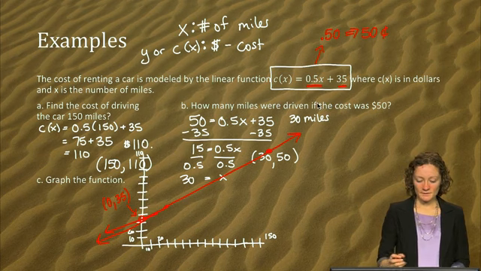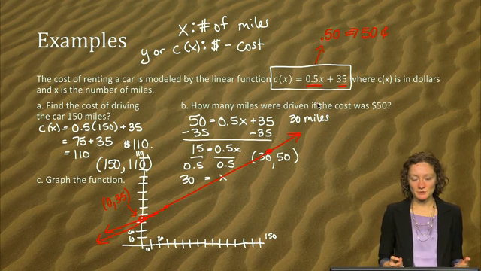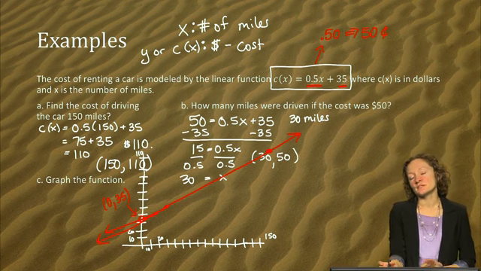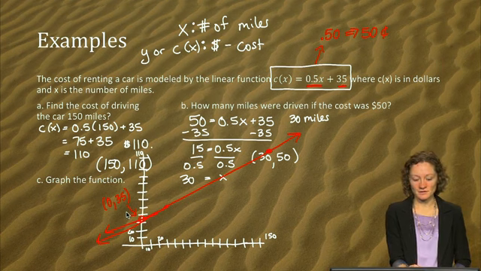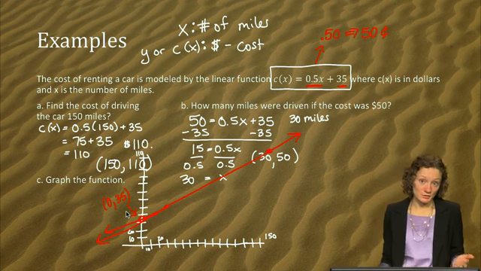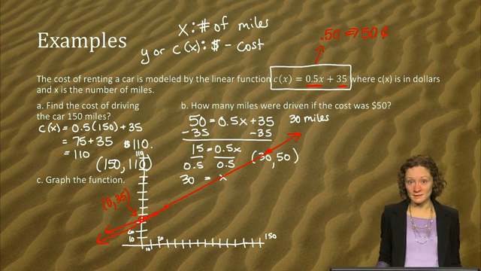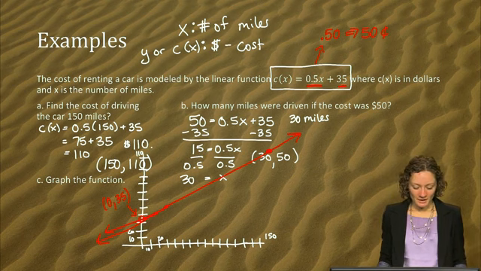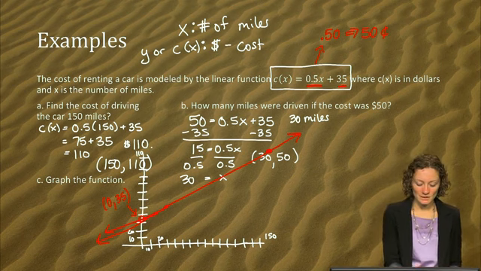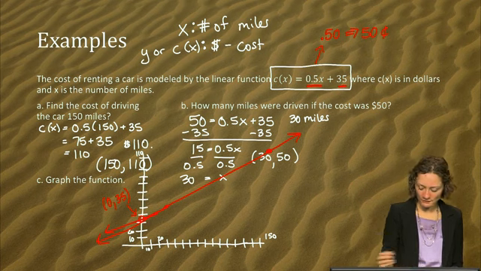Now, in any model, there are places where this makes sense and places where it doesn't. For this one, it's somewhat not realistic to not drive any miles and pay $35 for the car. You could, I suppose, pay the amount and then sit in the parking lot and turn it back in. But it definitely doesn't make sense when we get into the negatives.